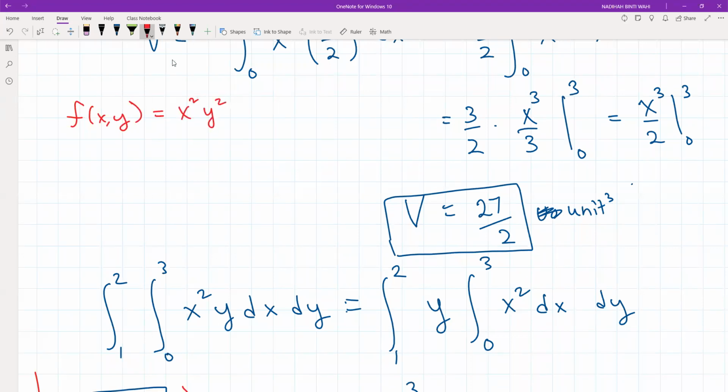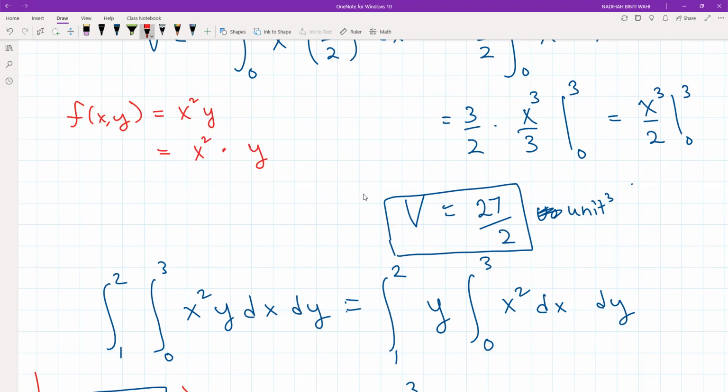Sorry, y only. Okay, so if I want to separate into these two parts, I can do this, which is just x squared times y.